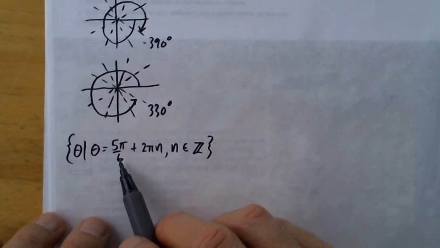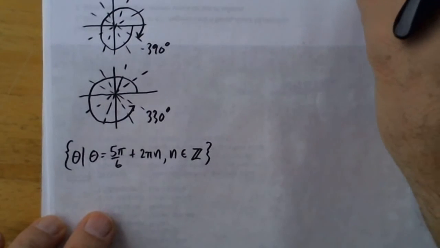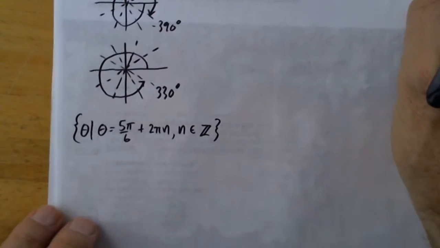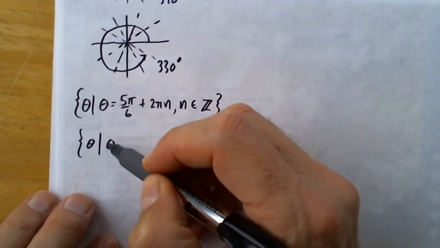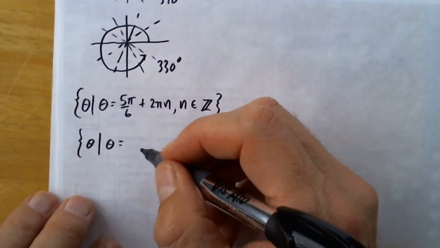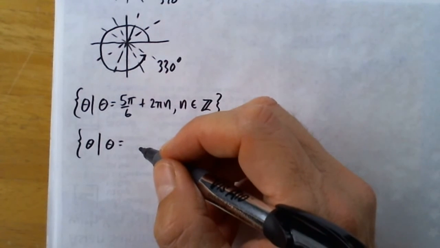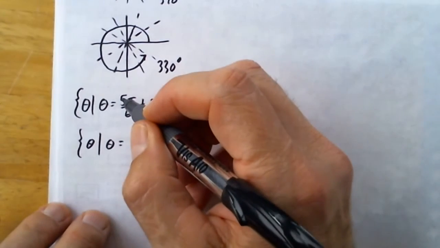You don't have to start with 5 pi over 6. We could also say this. Theta such that theta equals, let's change this. This is not 5 pi over 6.